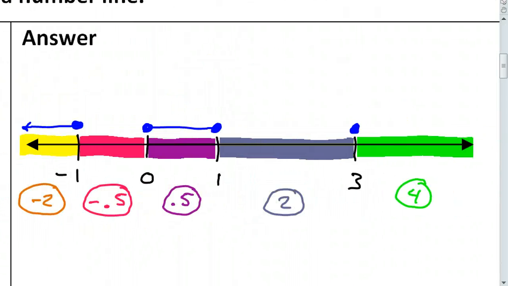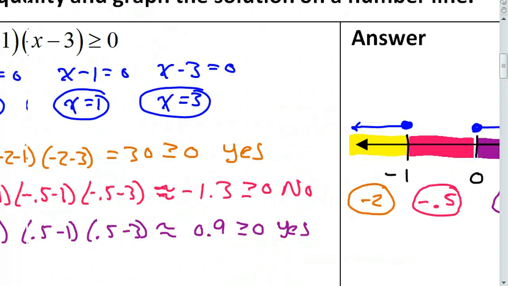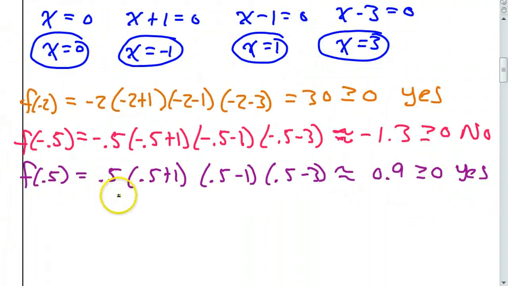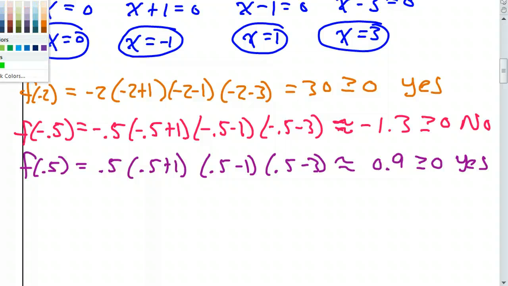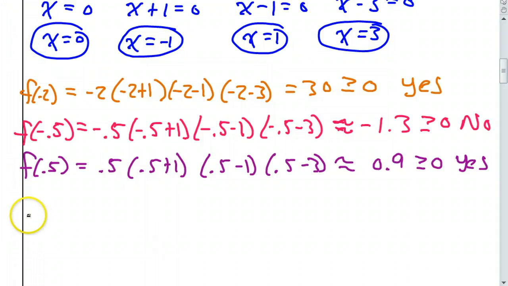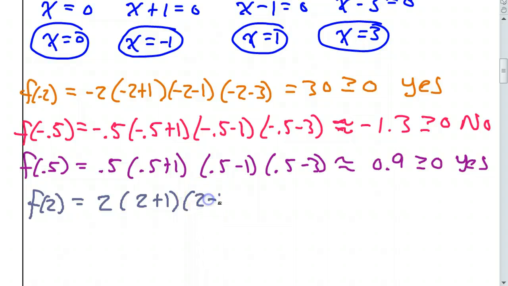Okay, how about the gray zone? Right, with the 2 as our test value. So let's do that. Okay, so I'm doing f at 2. So that'll be 2, and then 2 plus 1, and then 2 minus 1, and then 2 minus 3.